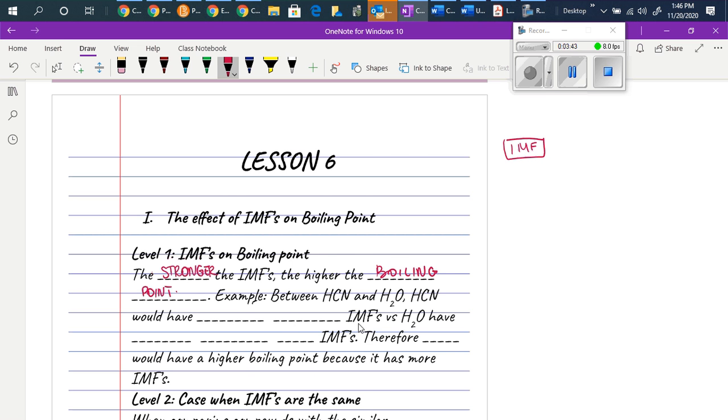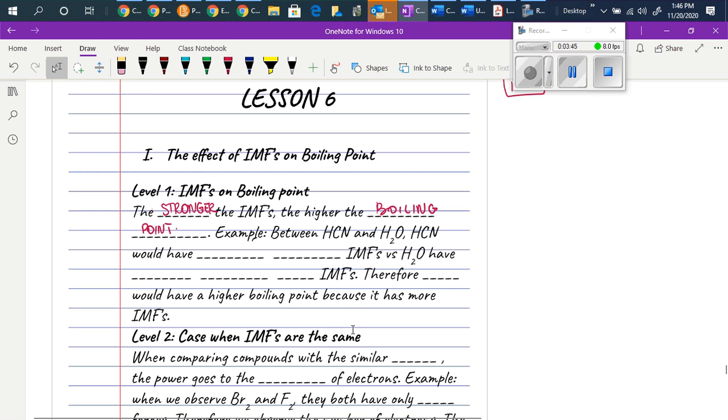So in the case we started the lesson with, HCN and water: in HCN we have London forces and dipole-dipole forces, whereas in water we have all three forces, London force, dipole-dipole, and the hydrogen bond.